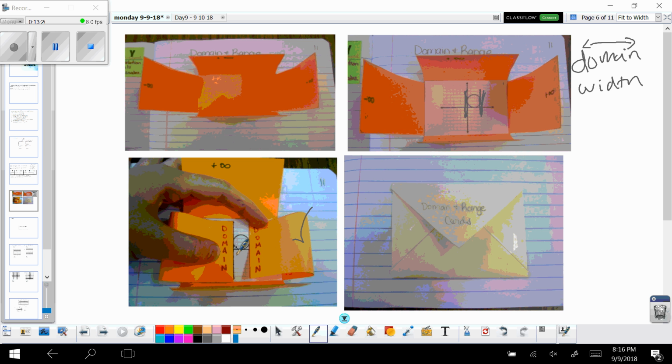So it goes from 0 to 1, 2, 3, 4, 5. So the domain for this one, as an inequality, would be 0 is less than or equal to x, is less than or equal to 5. Or we could write it the other way, which would be just in brackets, 0 to 5. Okay.